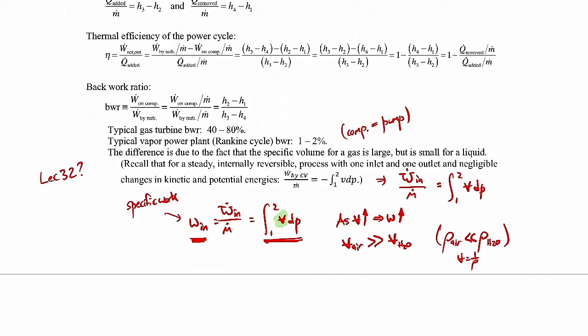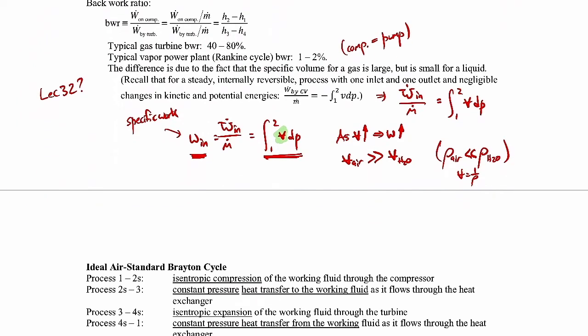And that gives rise to our differences in the back work ratio, because for the vapor power plant, our specific work going into the compressor is really small compared to what it would be for the Brayton cycle because of this effect. So it really comes down to the differences in the specific volume of the working fluids, and that gives rise to these big differences. Okay, that's an important concept. Make sure you understand that.